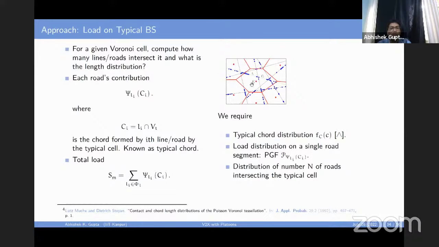And then you need to know the load on each of these chords. Because if the length is large, you will have more base stations, more users, and then what is the distribution on each road? Okay.